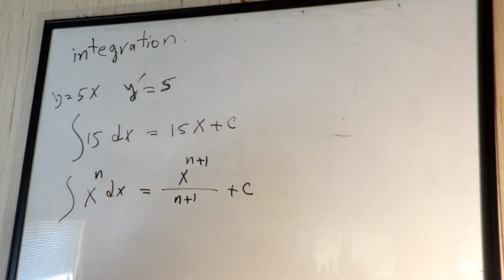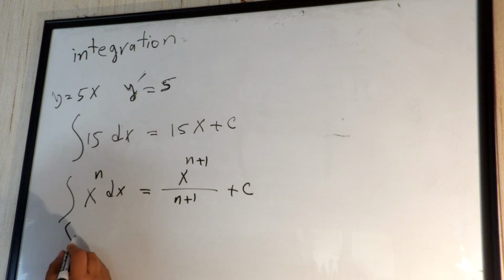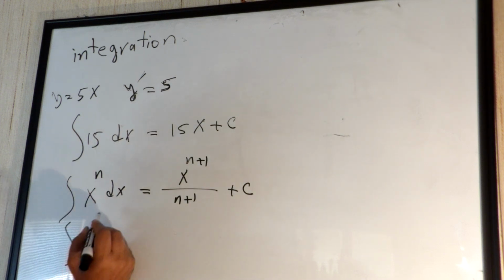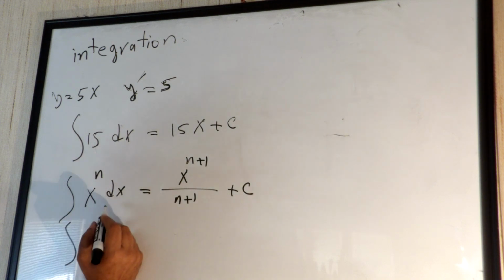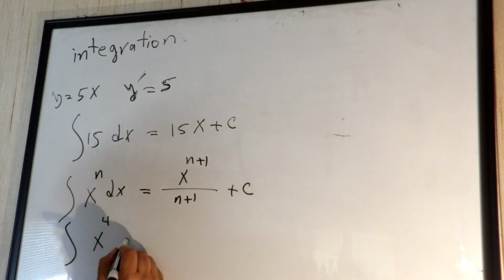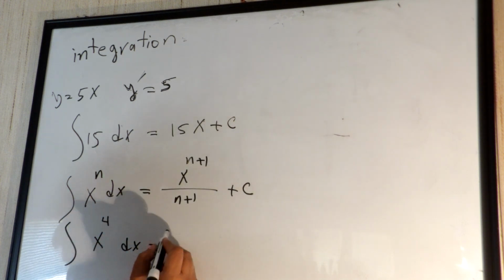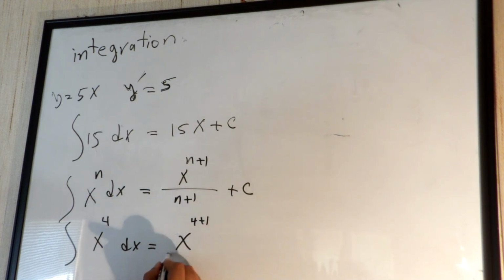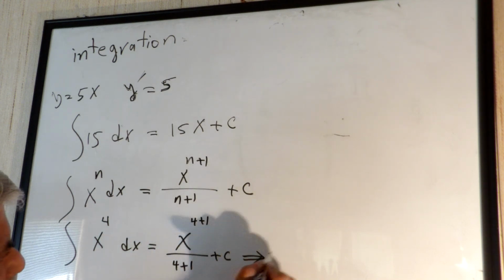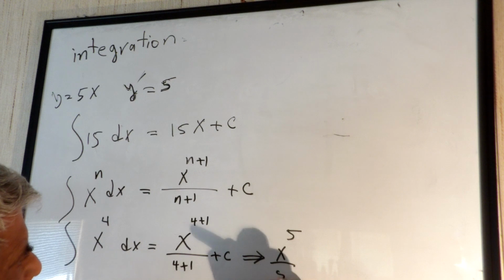Now if you find the integration of x to the power of 4, it is going to be x to the 4 plus 1, which is 5, divided by 4 plus 1, plus c. So it's x to the power of 5 divided by 5 plus c.